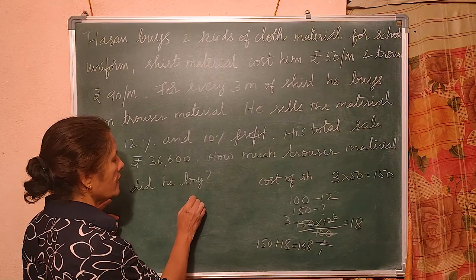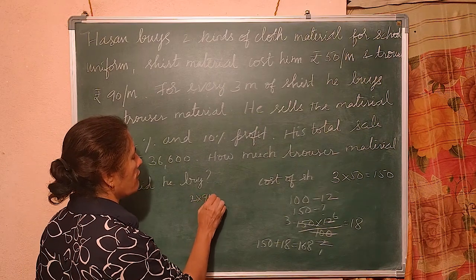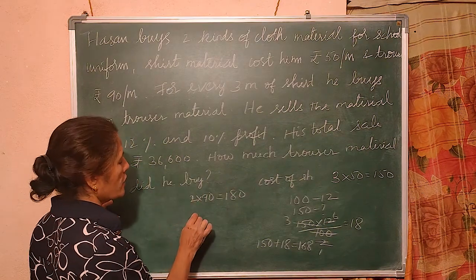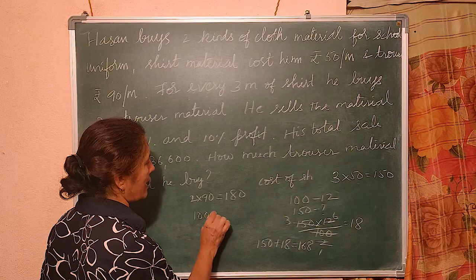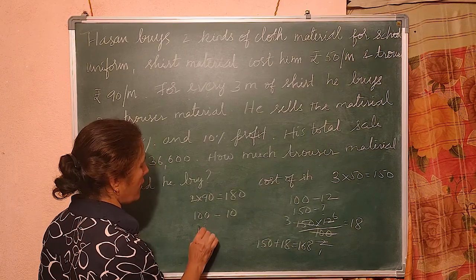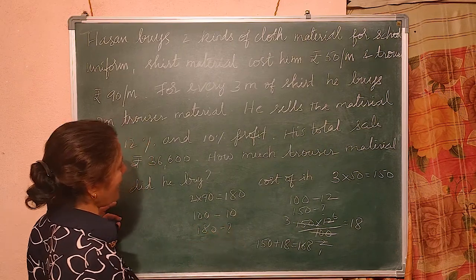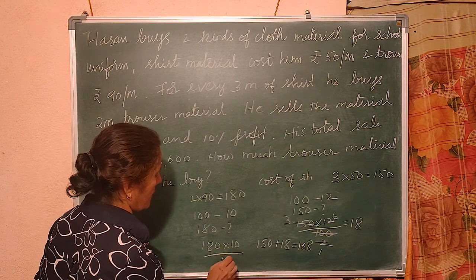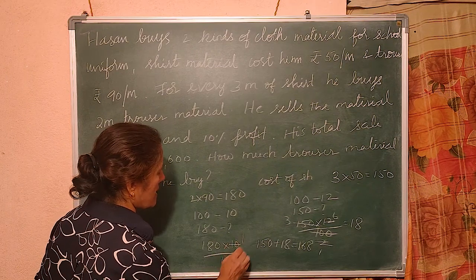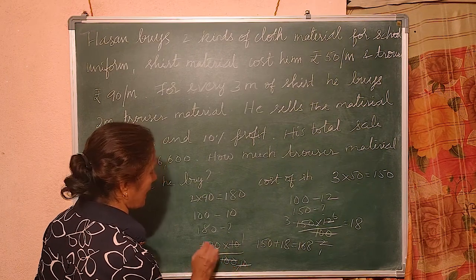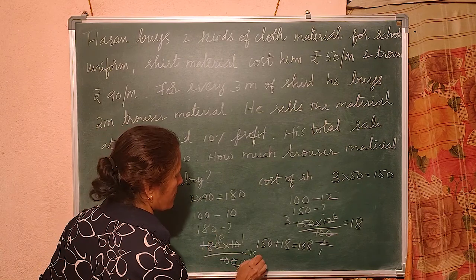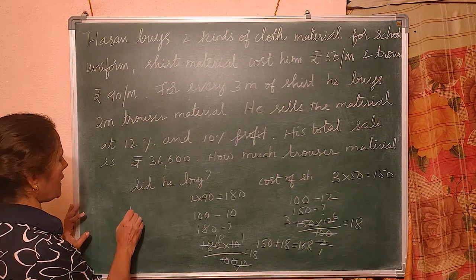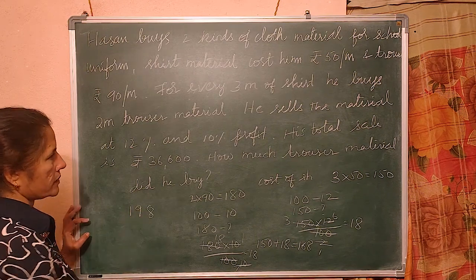Now for one set, he buys 2 meters of trouser material. So for 2 into 90, how much? 180. He sells this one at 10%. So for 100 rupees he gets 10 rupees. For 180, how much? So 180 into 10 divided by 100. 18 rupees. So instead of 180, how much he sells at? 198.